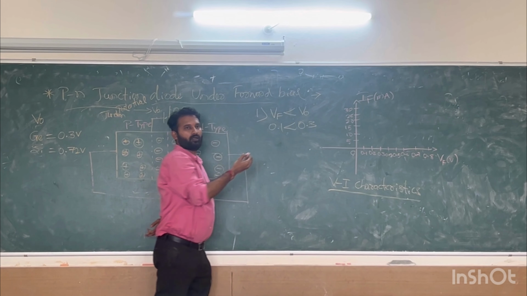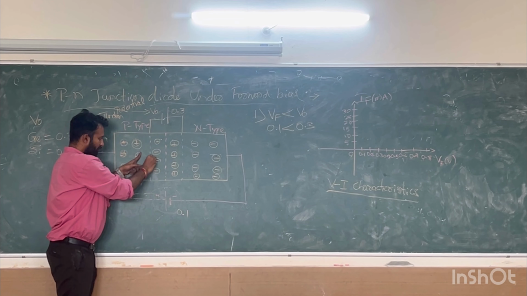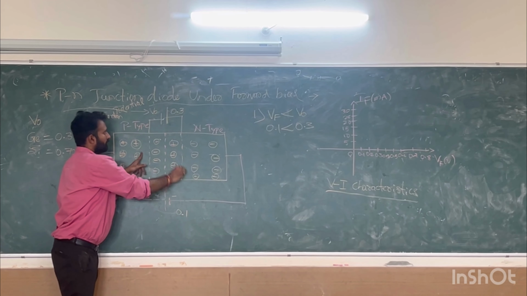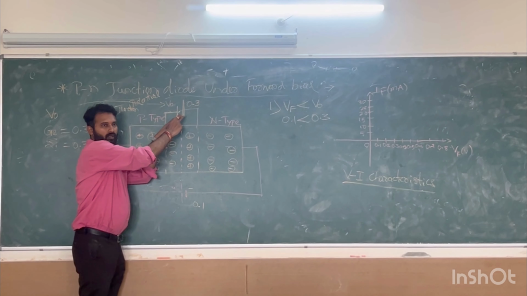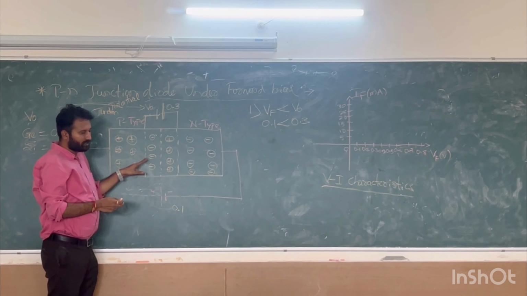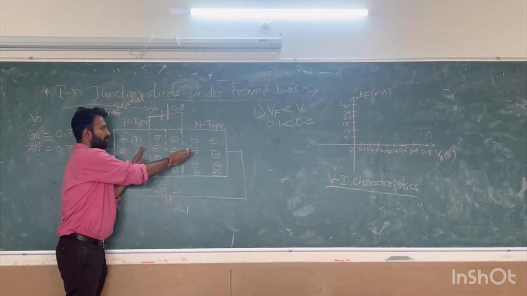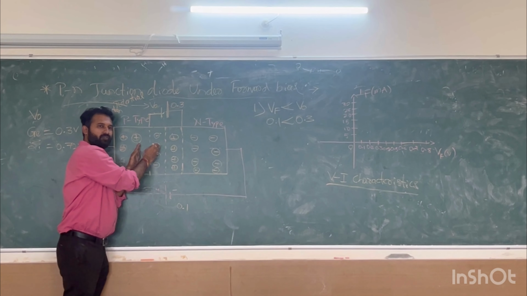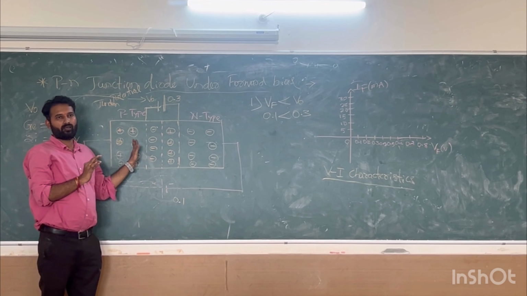In that condition, you will have a depletion layer and the internal potential barrier will be strong. 0.3 is greater than 0.1. This internal potential barrier will block the further movement of majority charge carriers.